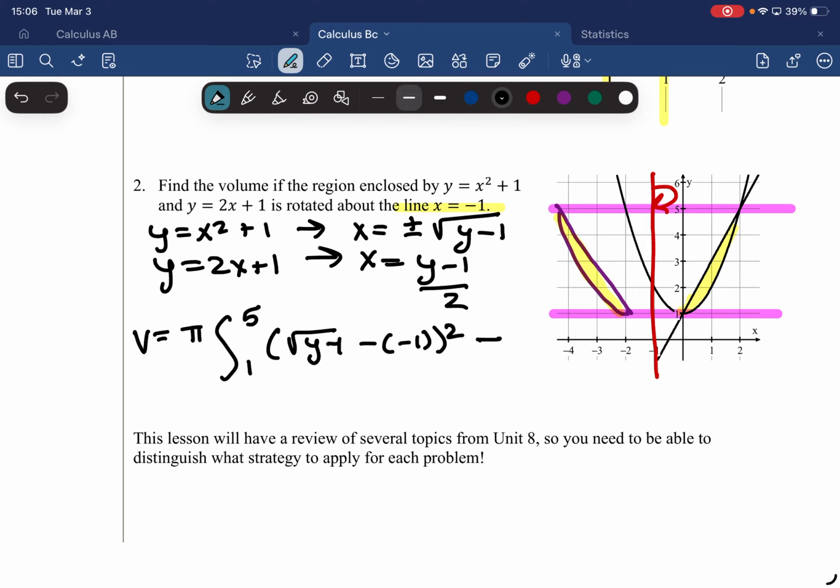Minus, and then I'm going to do the same thing, but with the inside function. So I have y minus 1 over 2 minus negative 1, squared, dy. Again, you can simplify this and integrate it on your own. Compare it to when you plug it into Desmos and see if you get the same answer.